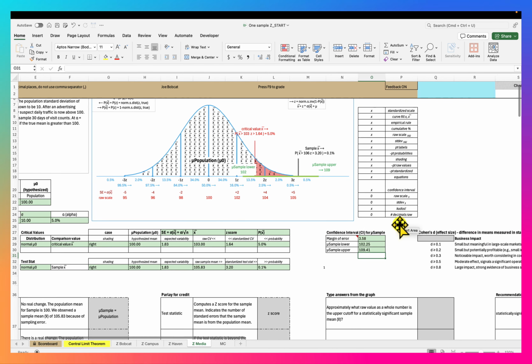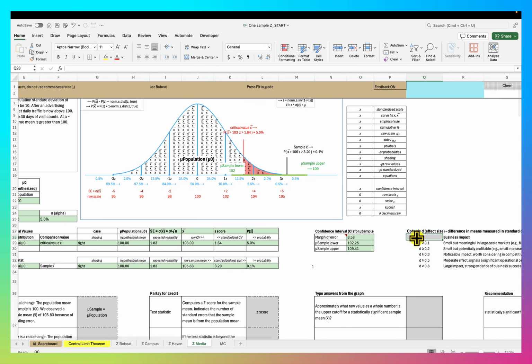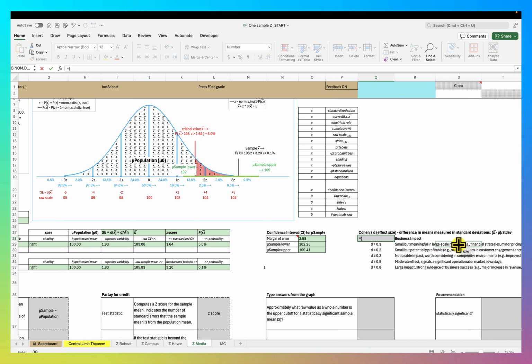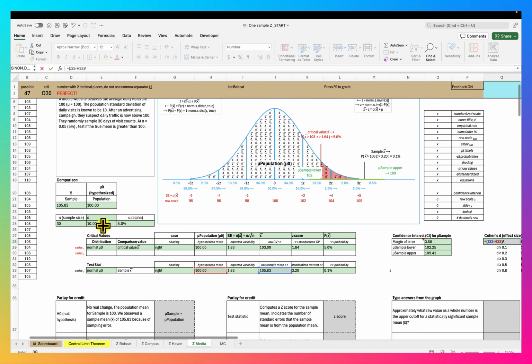All right, while we're up here, let's go ahead and do Cohen's d. We know we're significant; let's see if the effect size is big. That is equal to x bar, which is this one, minus mu, divided by the standard deviation. That's 0.58.